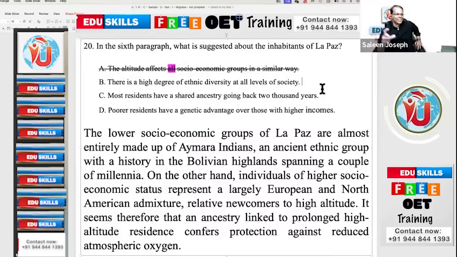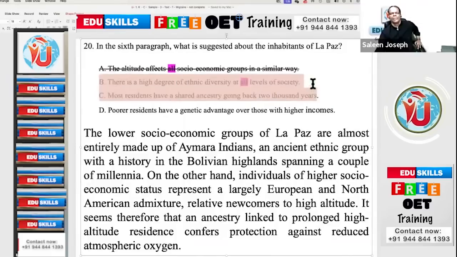Not all means some. So beware of that. Here also you have at all levels. If there is an absolute, immediately you can eliminate. So you are left with only two options. So you have to read and understand.